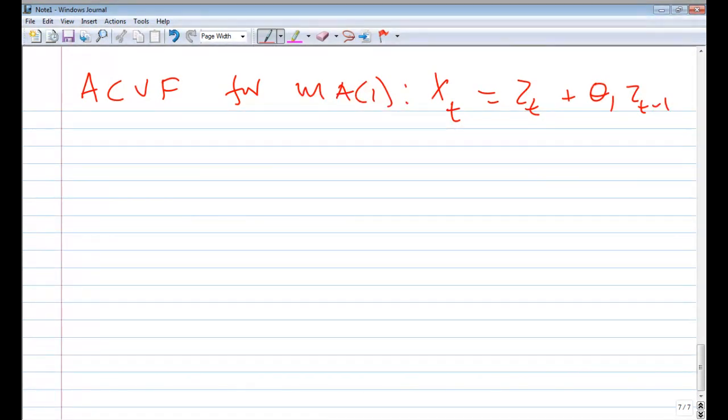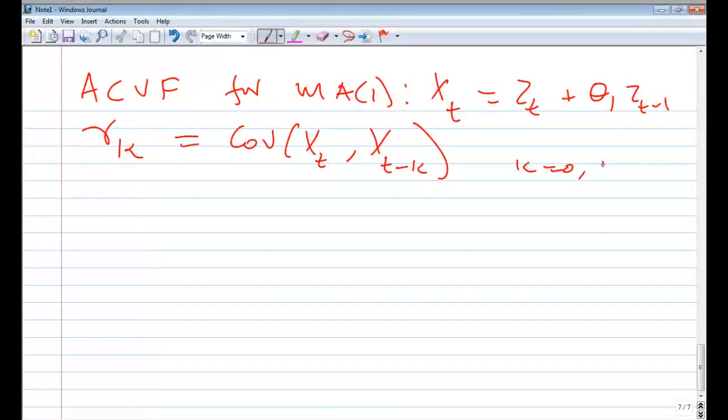What is the autocovariance function? The autocovariance function is defined by gamma k, which is equal to the covariance of Xt and Xt minus k, or plus k. That is the autocovariance function. And remember, your k stands for 0, 1, 2, and so on.